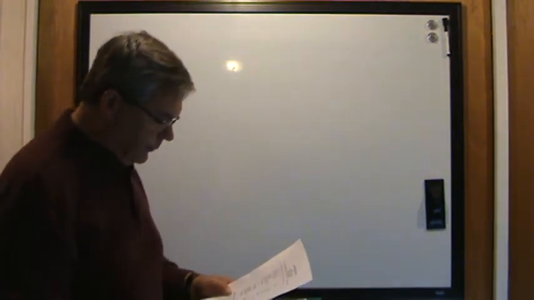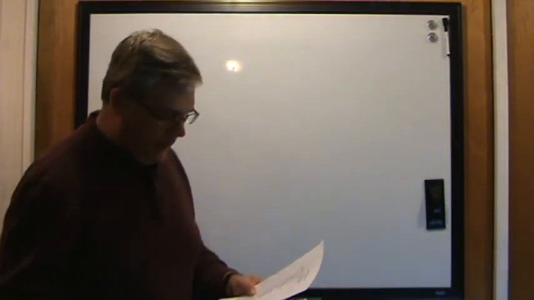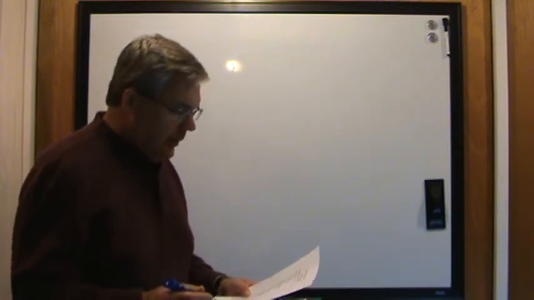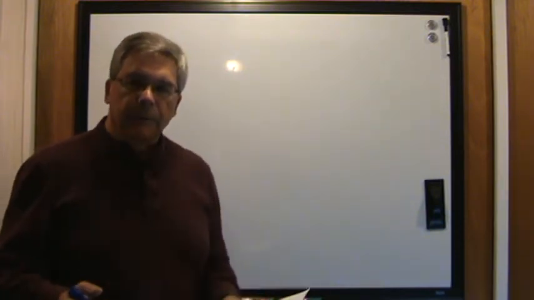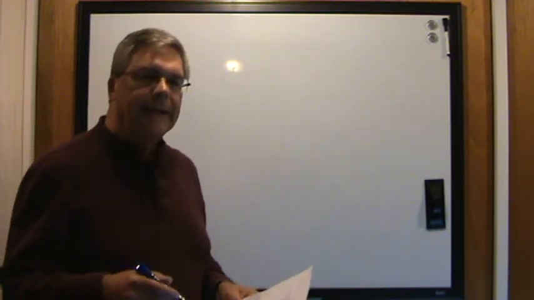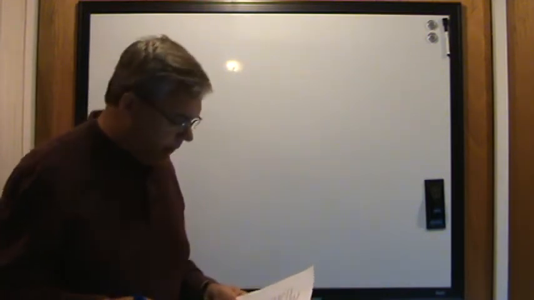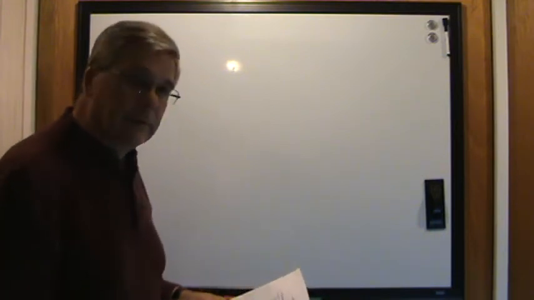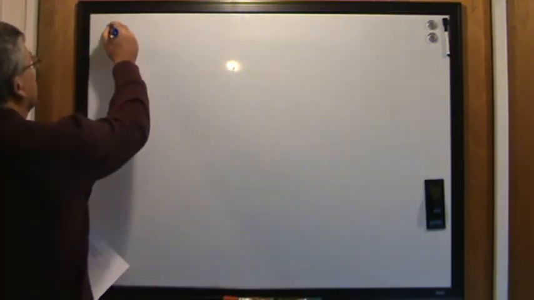Number 1, the owner withdrew $20,000 from the business bank account to gamble at the casino. So first thing to do, because this is an asset that we're dealing with in terms of cash, is to look at the existing account, as I've just mentioned. So cash is $8,300 to start with.